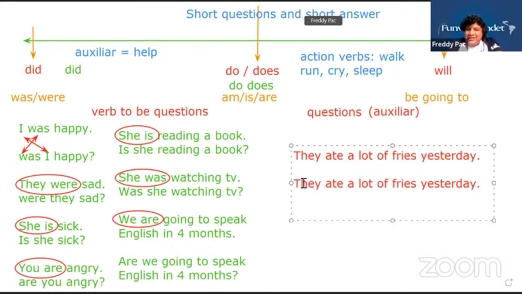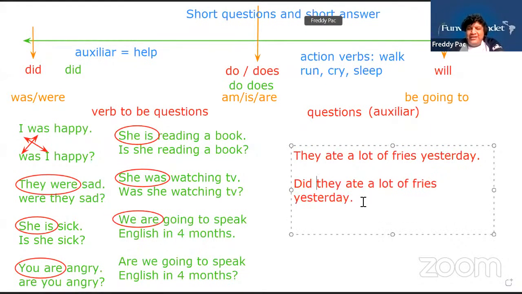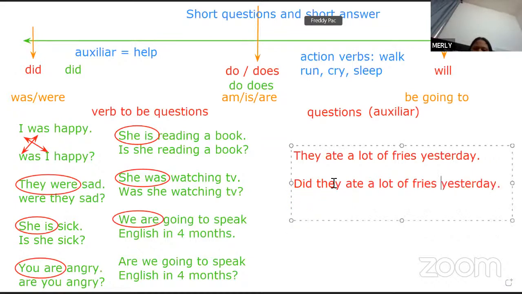And then I use the auxiliary, right? Did they eat a lot of fries yesterday?